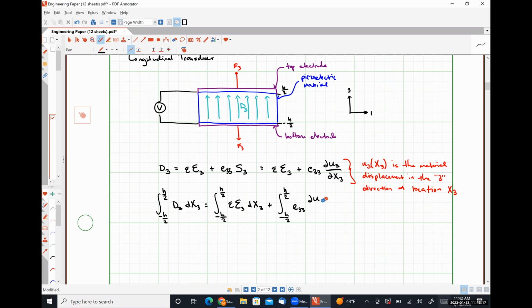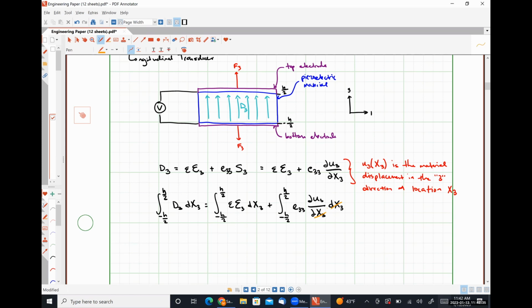Sorry, that shouldn't be an X, that should be a 3. Like so.